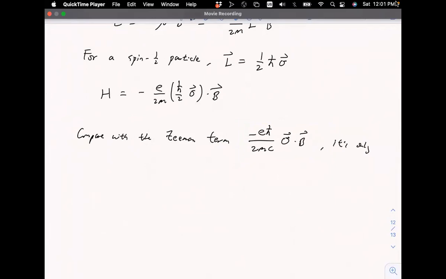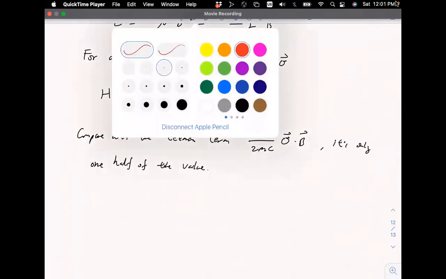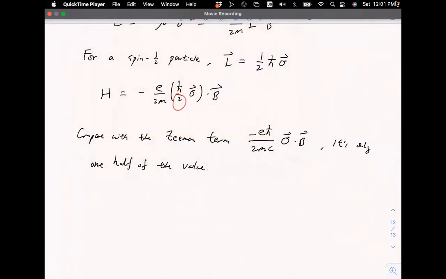It is only 1/2 of the value. You have 1/2 here. You just compare, and you already see there's a 1/2 here.